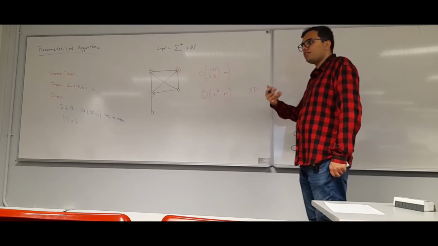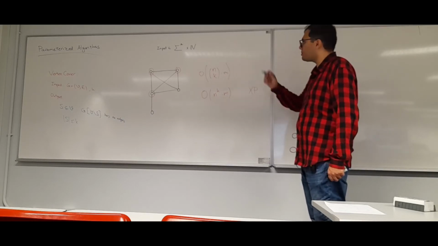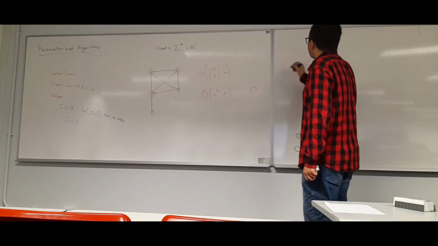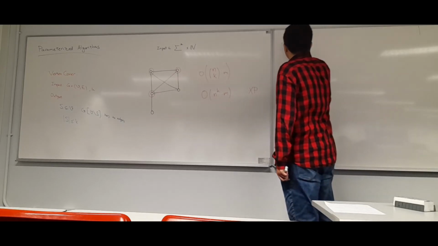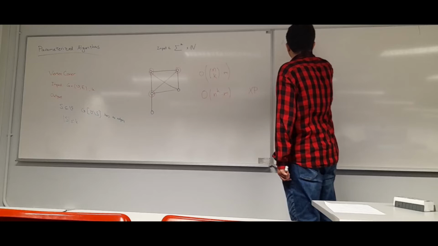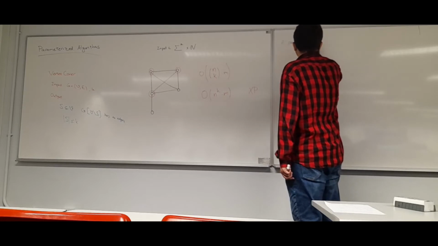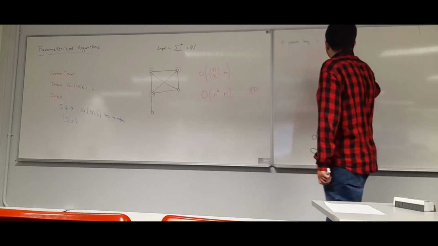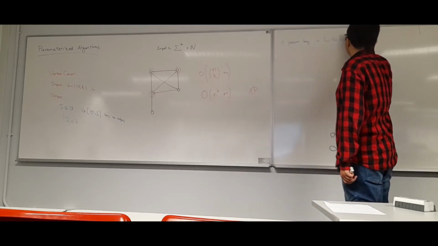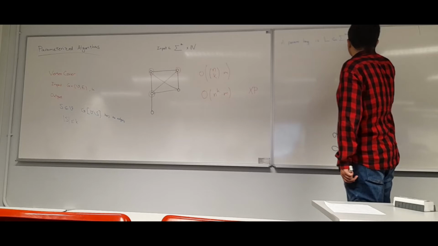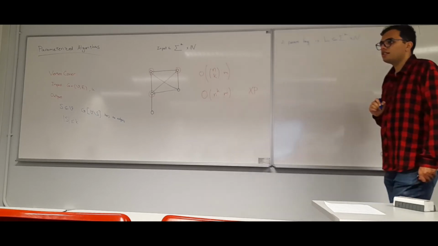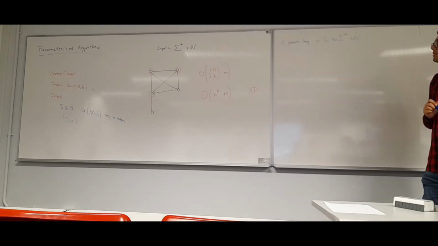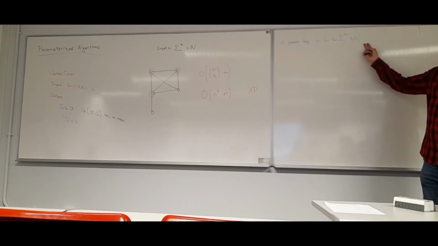The set of inputs that are accepted by this algorithm. So now a parameterized language is just some L, but this L is no longer just a subset of sigma star. It's a subset of sigma star times N. So every element in my language has a string and an integer.